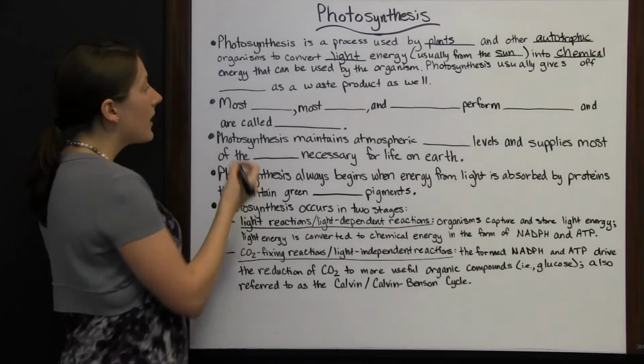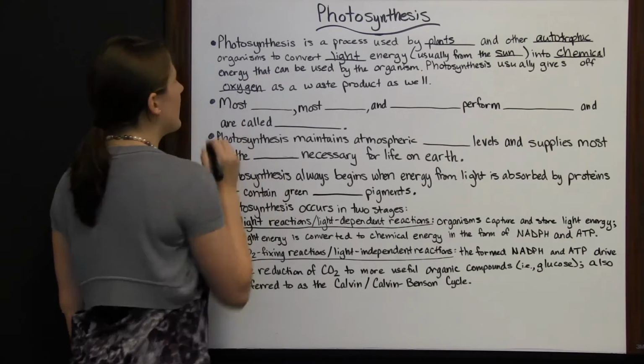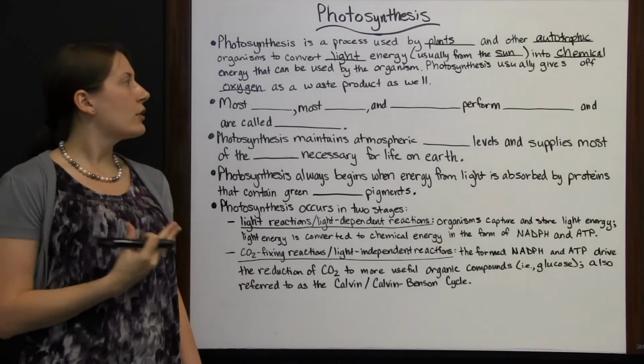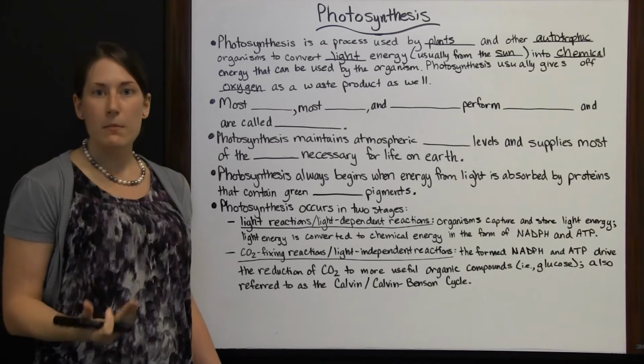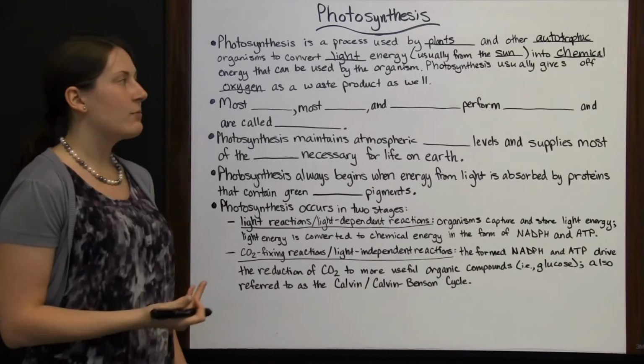Photosynthesis usually gives off oxygen as a waste product as well. Oxygen is not something that the plant or other autotrophic organism will need in most cases, and so it will give off oxygen as a waste product.